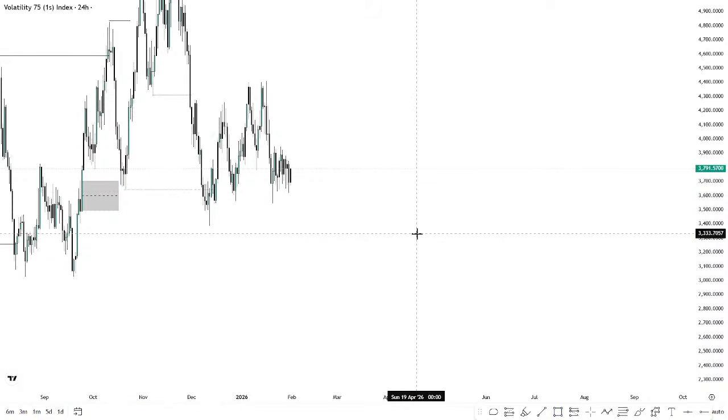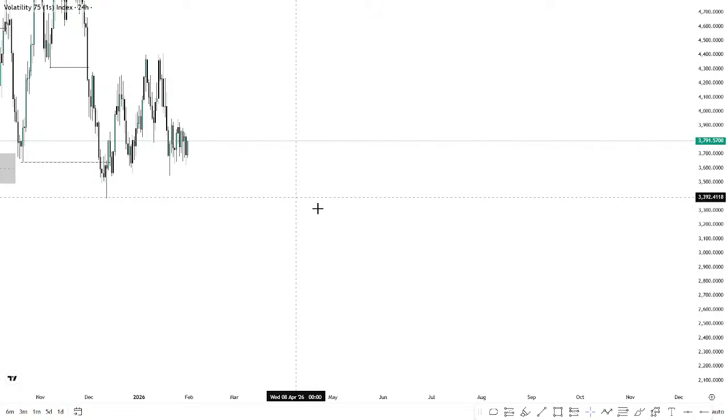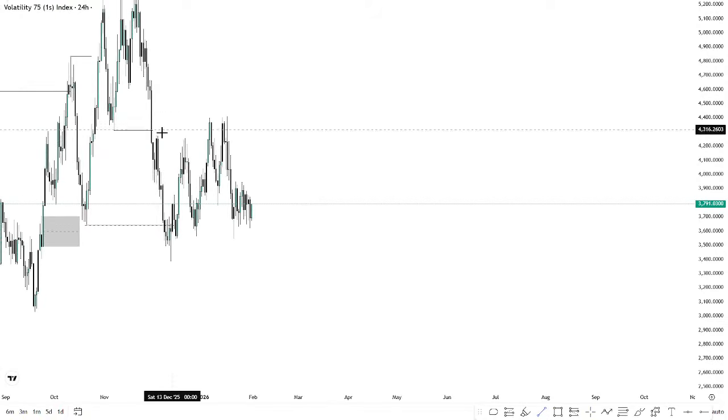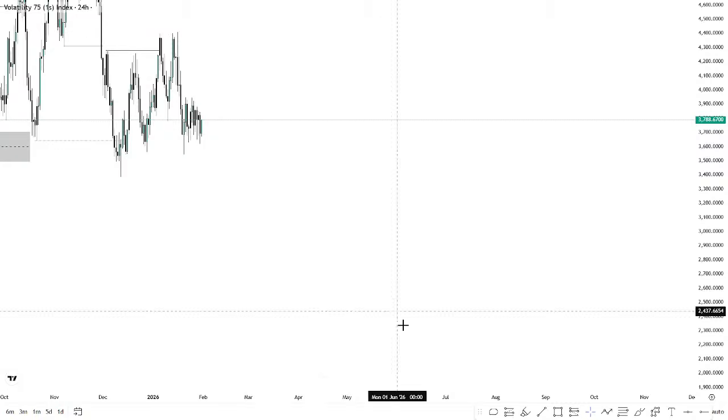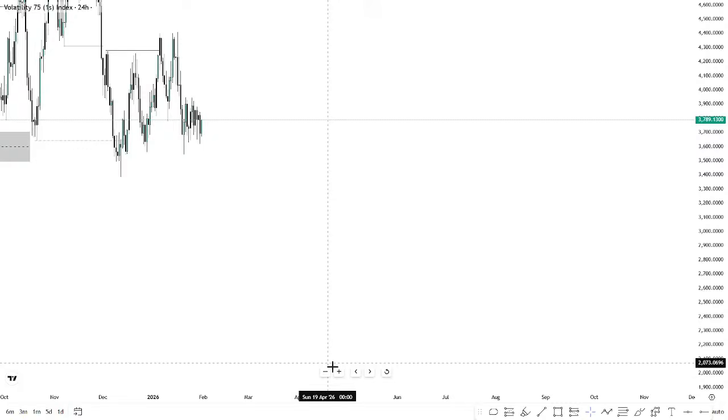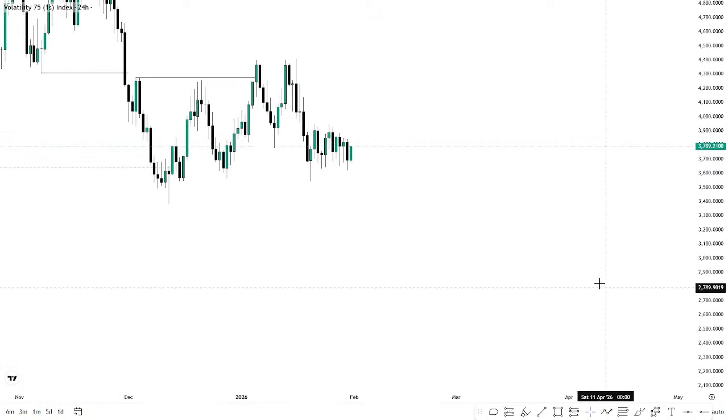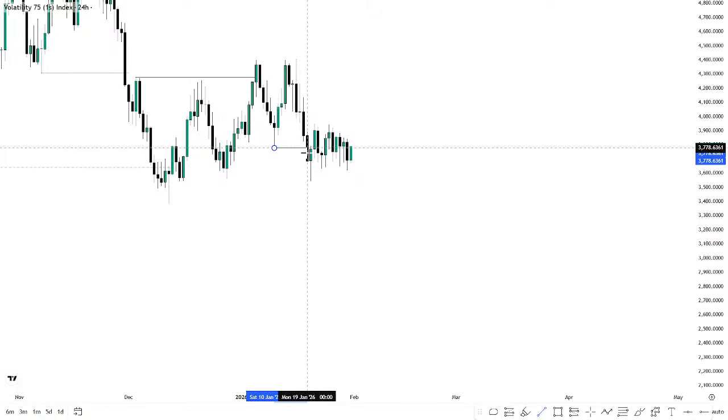So market created this liquidity for itself. We came back, took out the liquidity. Then we had a change of character again. A change of character.